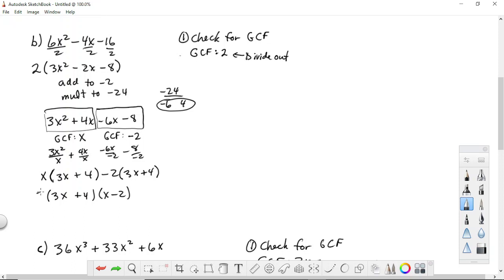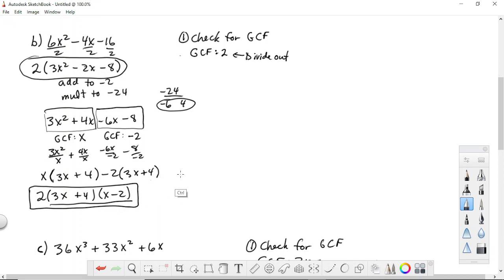So it is still here, and that's our answer. Okay. Right there, it's 2 times the quadratic, right? And when you factor the quadratic into these two binomials, the 2 has to be included to have all the factors. Okay.